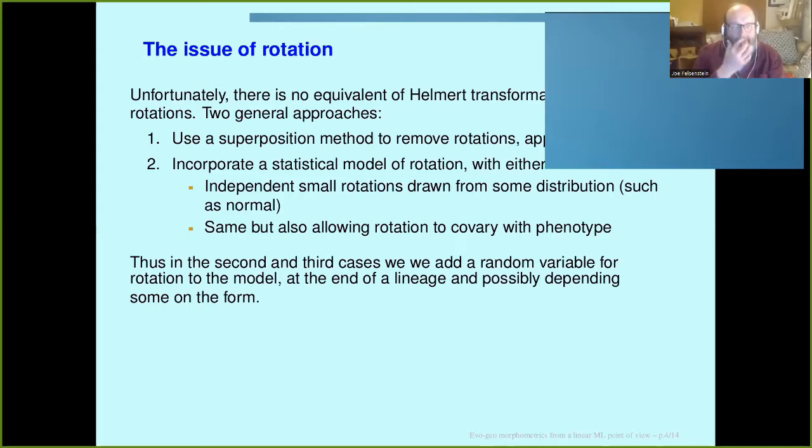And really there are three different ways. One of them would be to use a generalized Procrustes system and just superpose all your specimens, rotating them. I'm going to use not a Procrustes, but what Fred and I have come to call the Boas superposition, in which we don't rescale the sizes of the specimens.